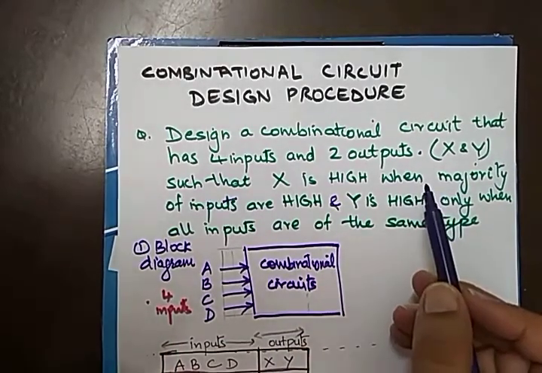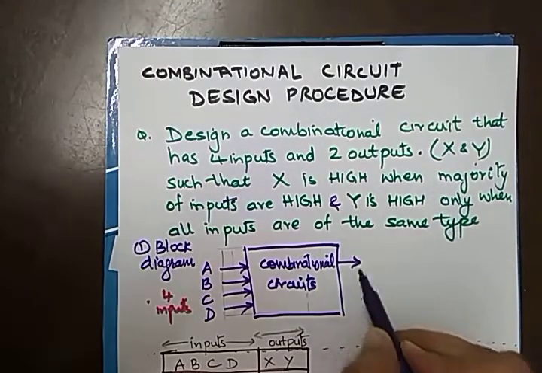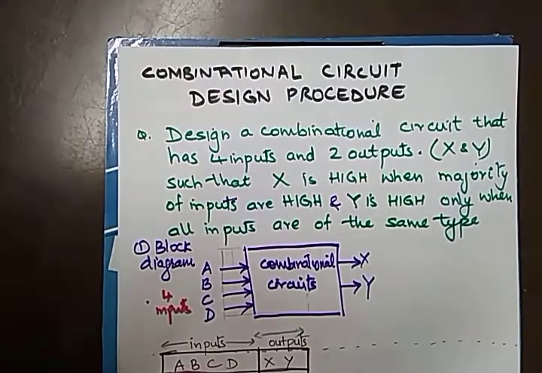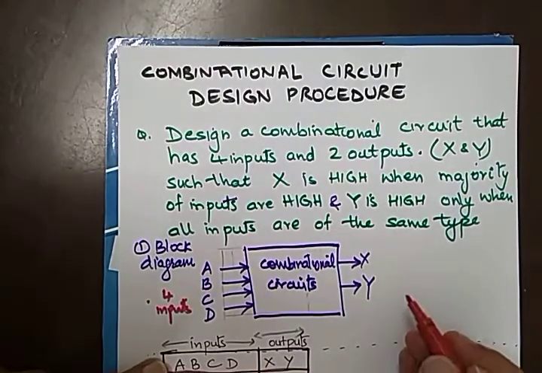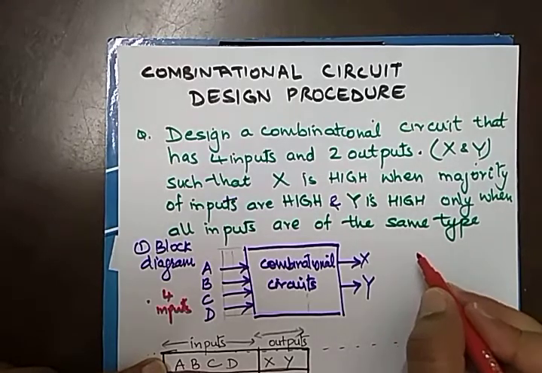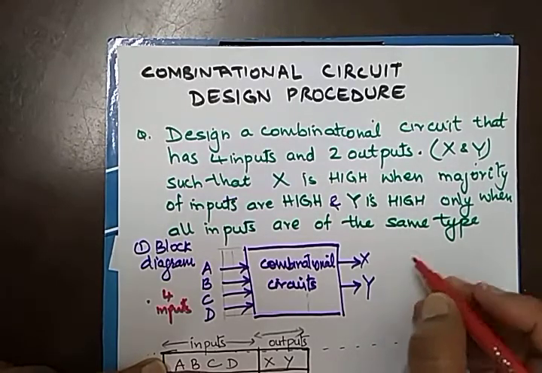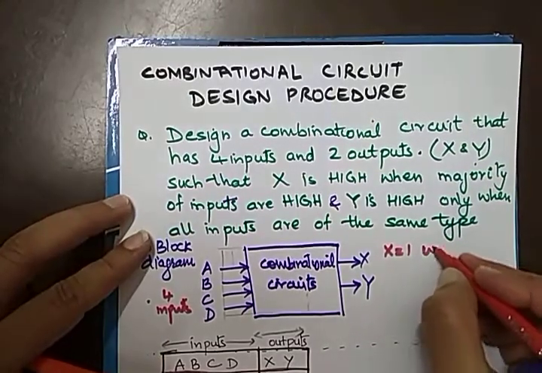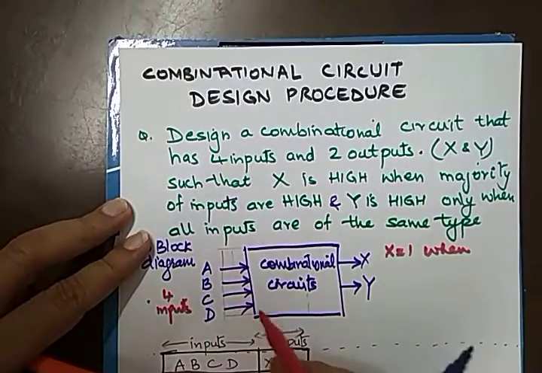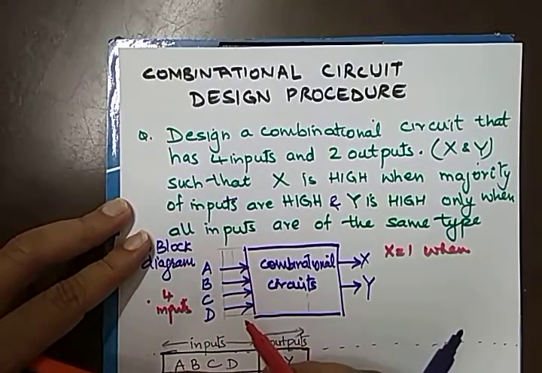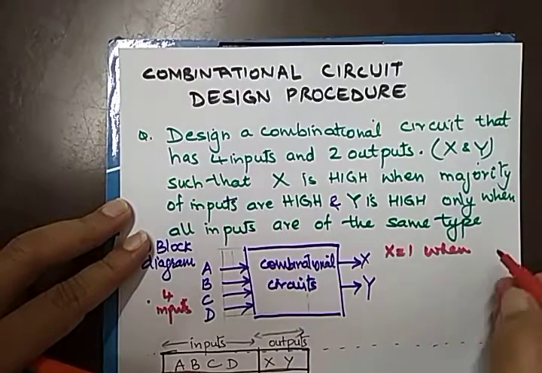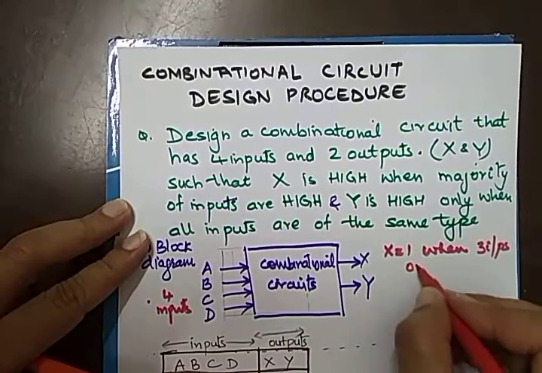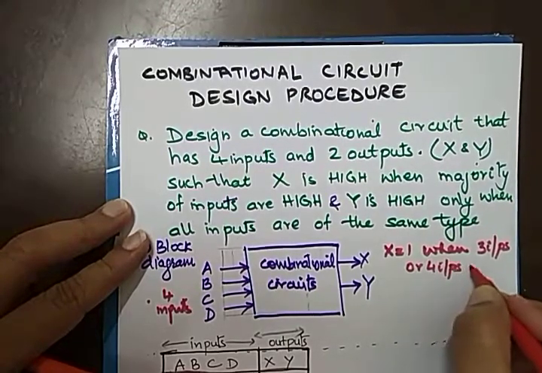Read the statement carefully. It also tells us that the outputs are 2. One is X, one is Y. And what is the behavior of the circuit? X is high when majority of inputs are high. So we say that X is equal to 1 when, majority meaning there are 4 inputs, 3 inputs or 4 inputs are 1.